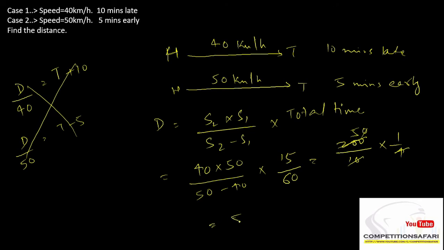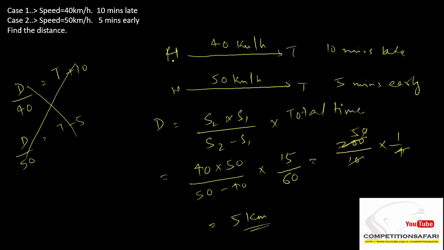So the boy is traveling 5 kilometers every day to reach his tuition. Now just compare the traditional method, which would have taken you two equations to solve, which would again be lengthy and very time taking. And then we have a direct formula based question, which will give you a direct answer.